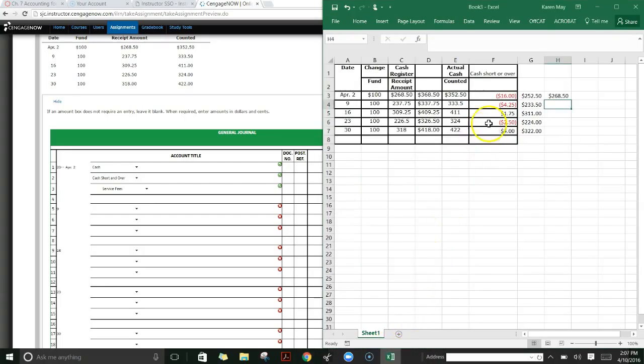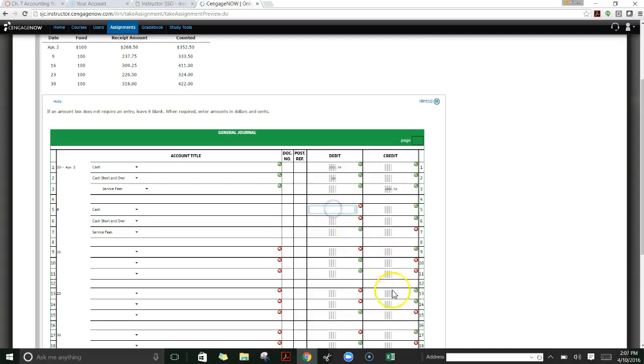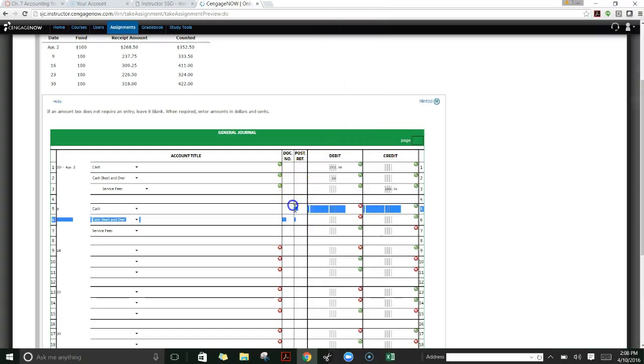Okay, so the next one is going to be very similar to that because it's also a cash shortage. So I would do a debit to cash, a debit to cash short and over, and a credit to service fees. The amount that you're going to debit for cash can be found in this column, $233.50.